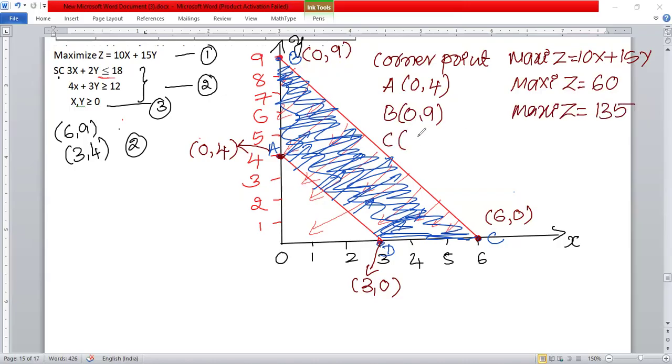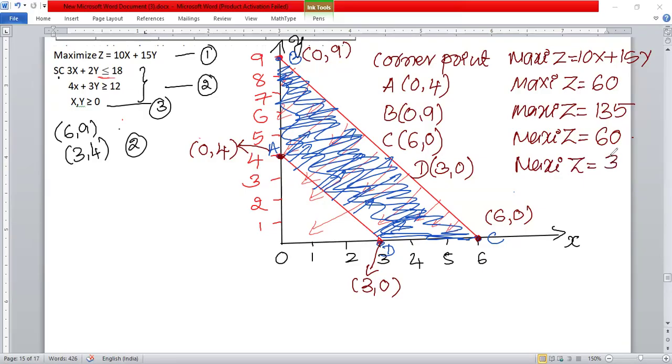The C corner point, 6, comma 0: maximize z is equal to 10 into 6 plus 15 into 0, so 10 into 6 is 60. Similarly, the D corner point, 3, comma 0: maximize z is equal to 10 into 3 plus 15 into 0, which is 30.